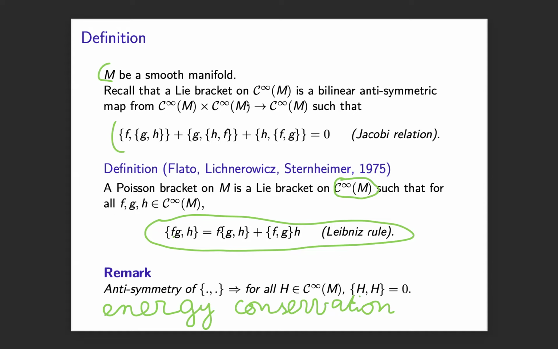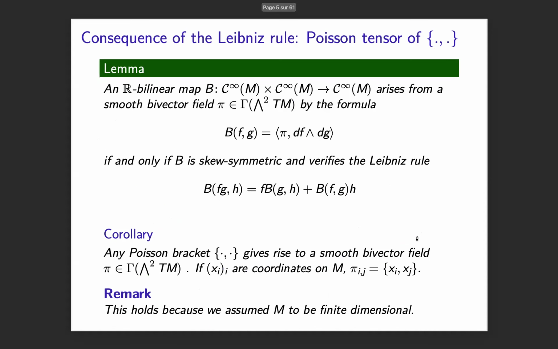So we gave two items for the definition of a Poisson bracket, two main items. First, the Jacobi relation, and second, the Leibniz rule. Let's see consequences of those two points. Let us start with the Leibniz rule.